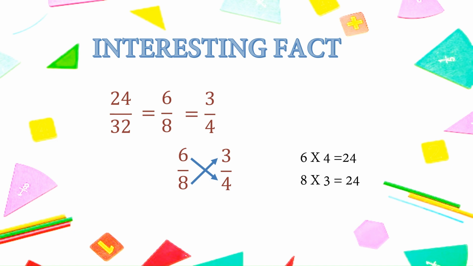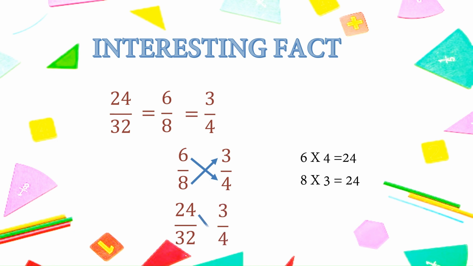In this case, we have 6 into 4 is 24, and the denominator of the first one is 8. 8 into 3, the numerator of the second fraction, it is also 24. Both are the same.